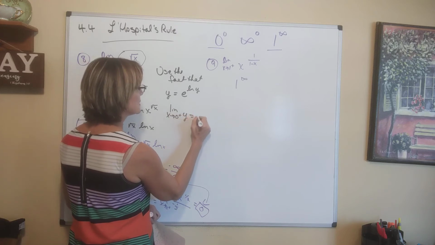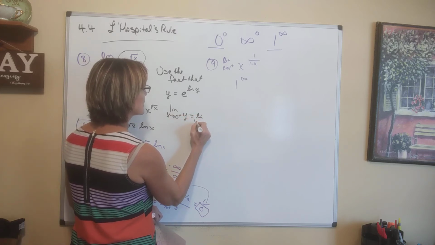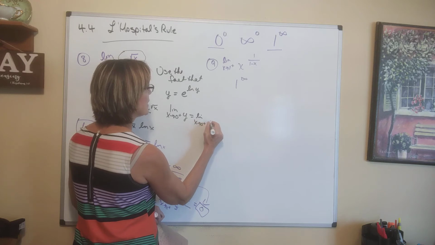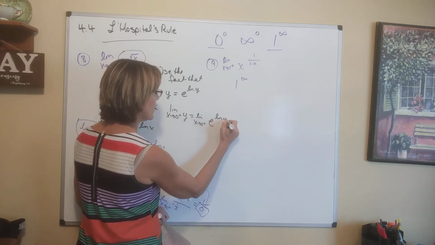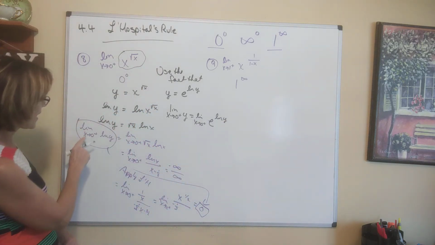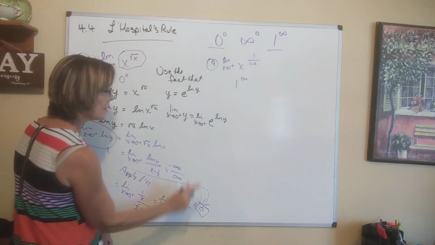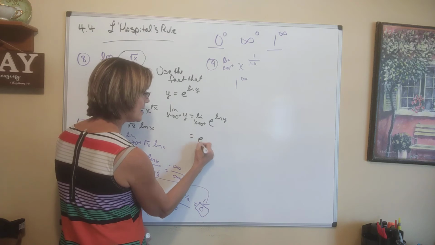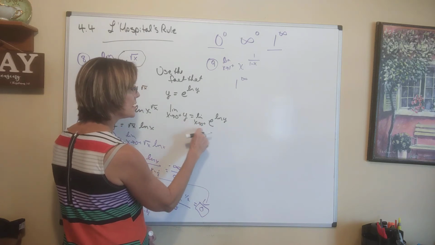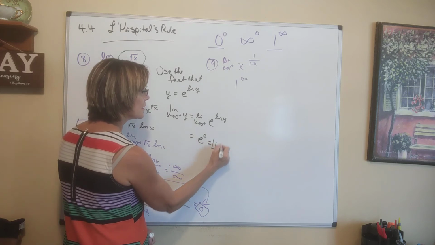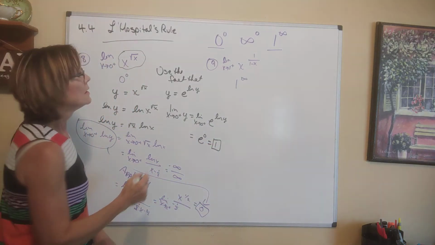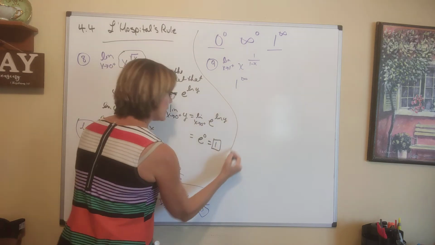So this is the limit as x goes to 0 from the right of e to the natural log of y, which we just found out is 0. So this is basically e to the 0, because the limit of the natural log of y is 0, and so this is what the limit is. It's 1. All right, we're going to see that one more time in number 9.